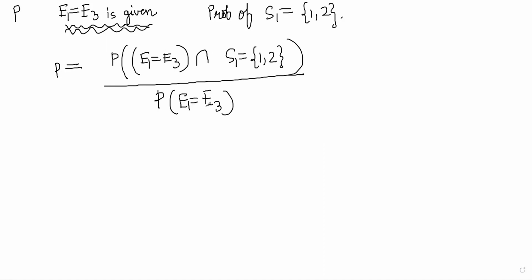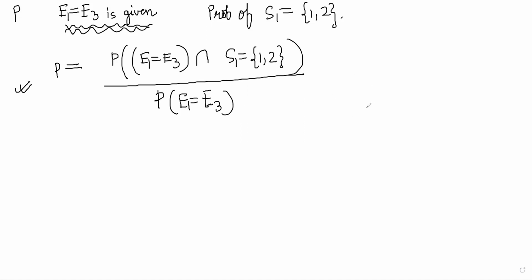This is the basic definition of conditional probability. So ultimately, I want this probability and this probability. The probability that E1 is equal to E3, and also the probability that both things happen together: S1 should be {1, 2} and E1 should be E3, right? Okay. So we will keep this in mind and we'll analyze the question accordingly, right?